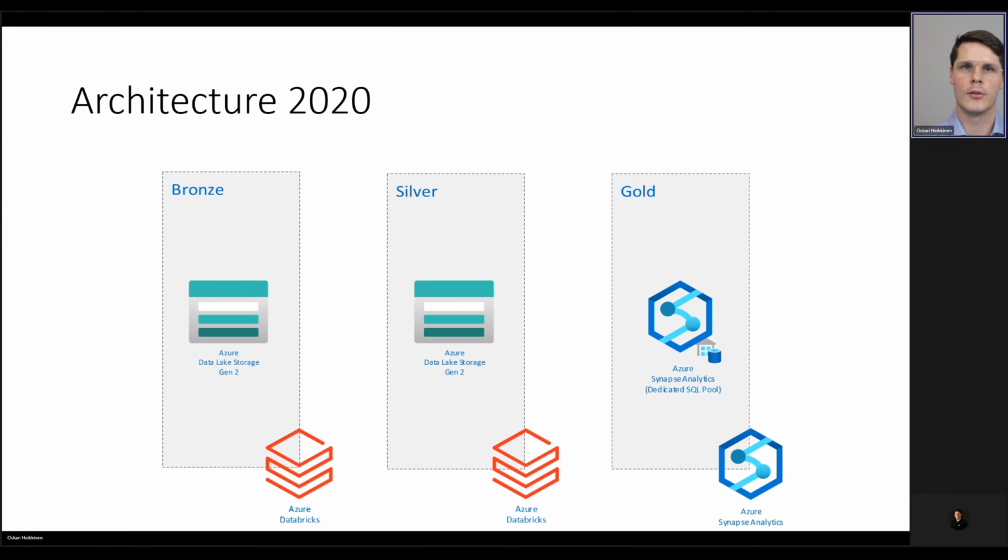So there are situations where you could build the whole thing using either one of these options, depending on your actual use cases. But if you want the best of both of the services, then you would be using Databricks for the data lake part and then Synapse for data warehousing at the very moment.